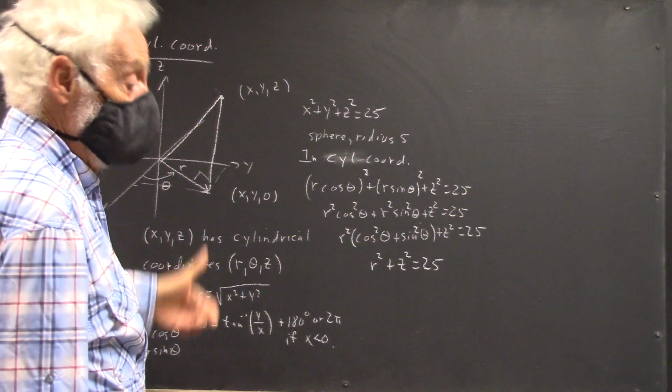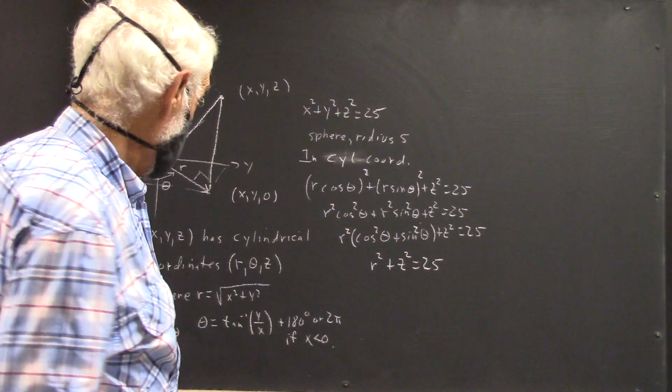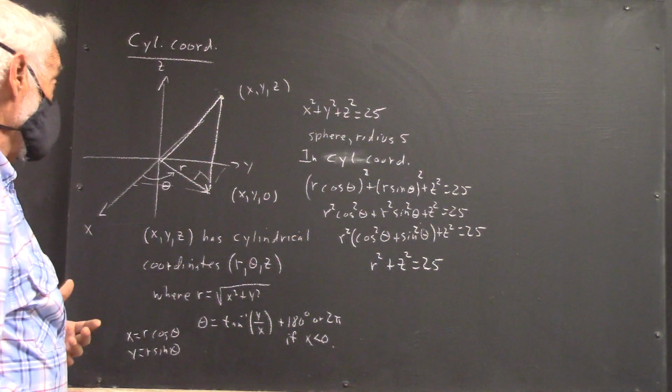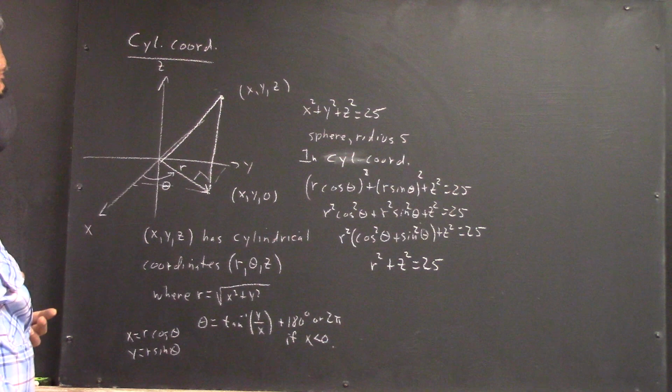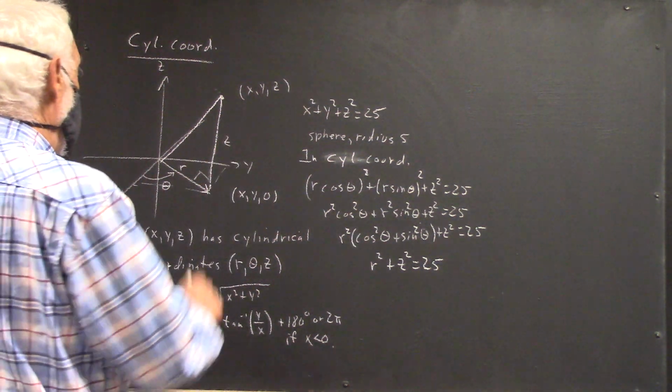Because the k vector is normal to the xy plane. You want to think about that terminology. It's going to get real important. Okay. So you have r here, you have z here. It's pretty obvious from this picture.